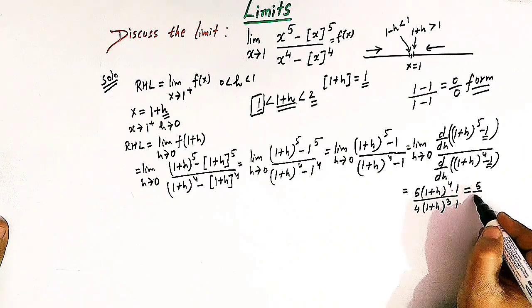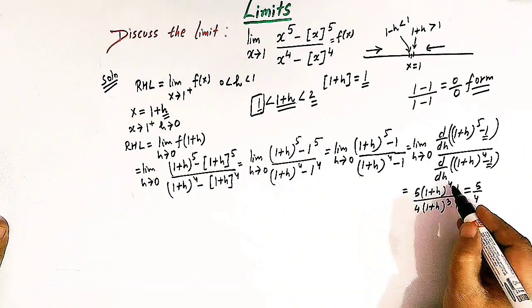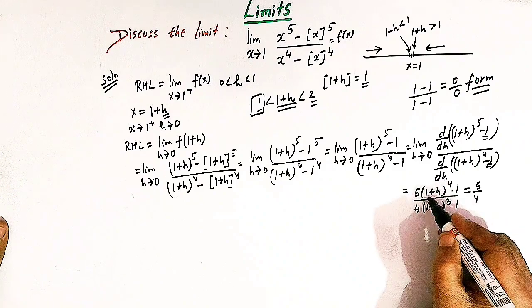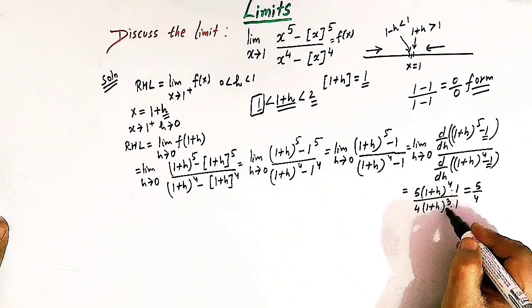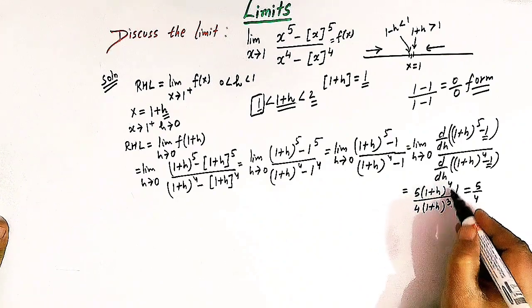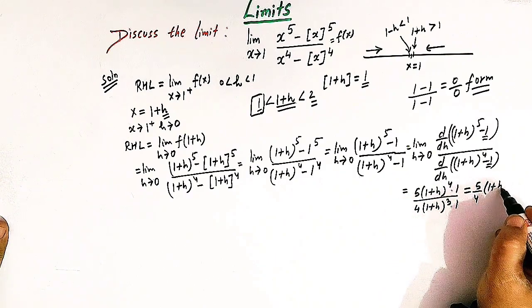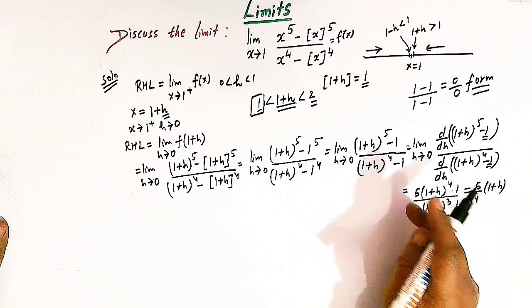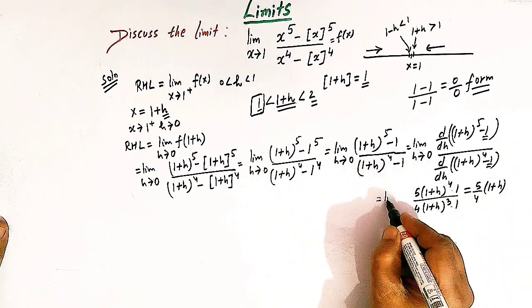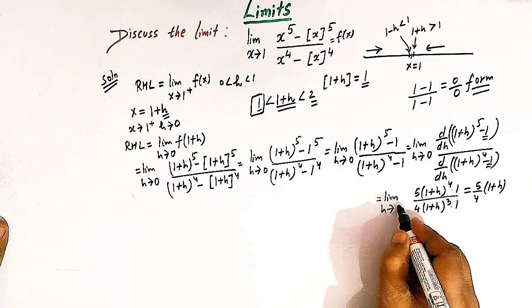So we have 5 over 4, and here we have the fourth power of 1 plus h, and here the third power of 1 plus h, so cancelling the common powers we are left with simply 1 plus h. Here we also have the limit notation.